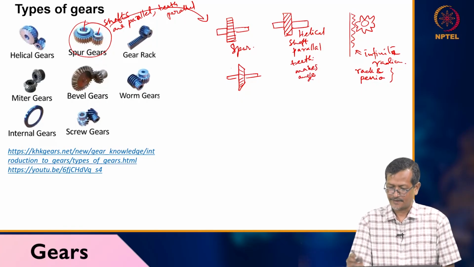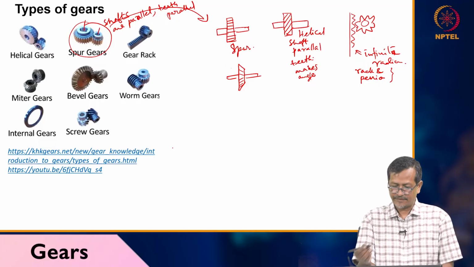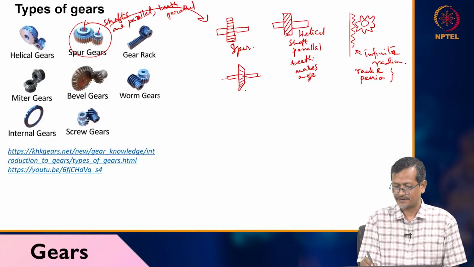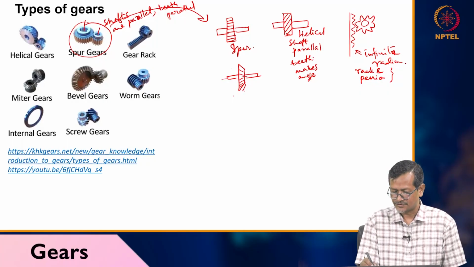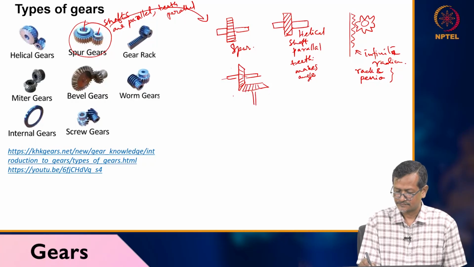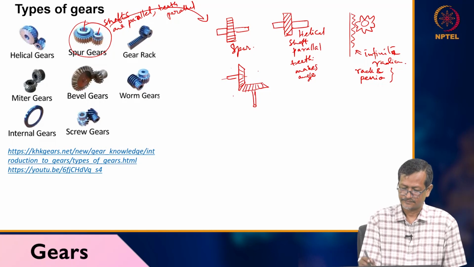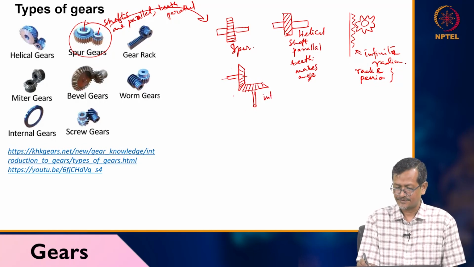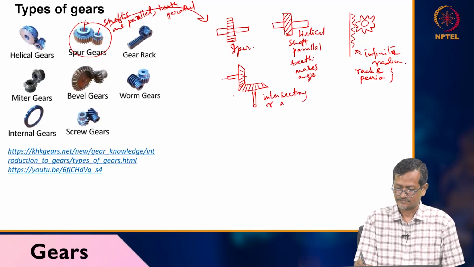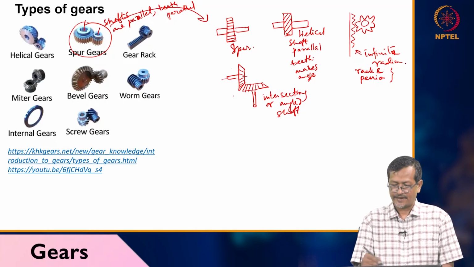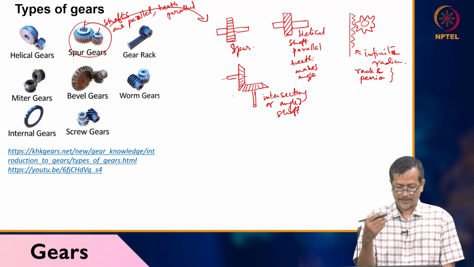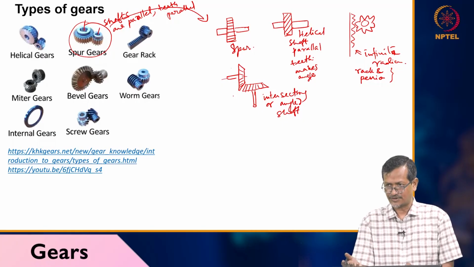In bevel gear, shaft is here, but another shaft can be like this, an intersecting shaft, and your teeth may or may not be parallel to the shaft axis.